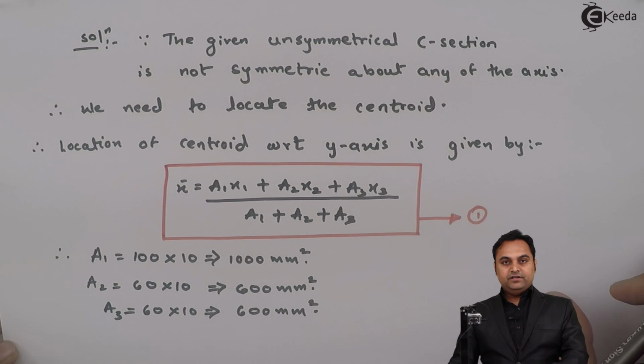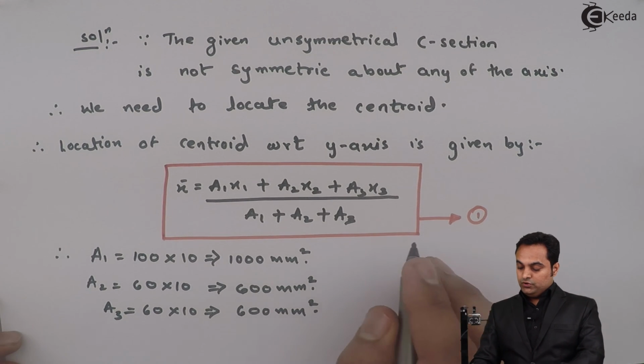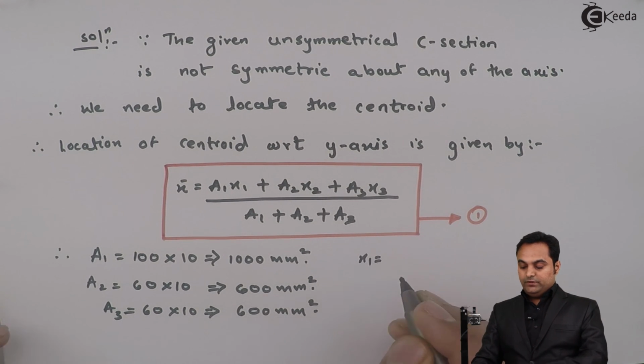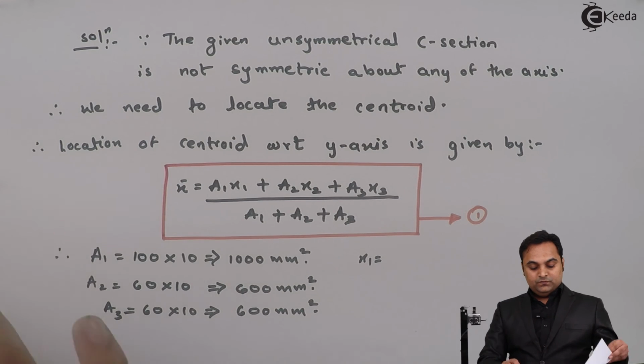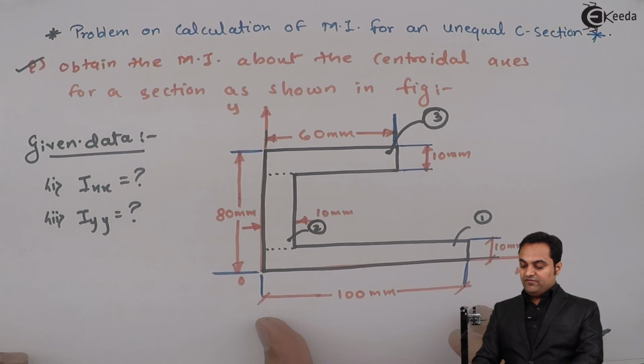And after getting the values of area, next we have to know what are x values. So x1 will be the location of y-axis for the first rectangle, it will be at half of 100.